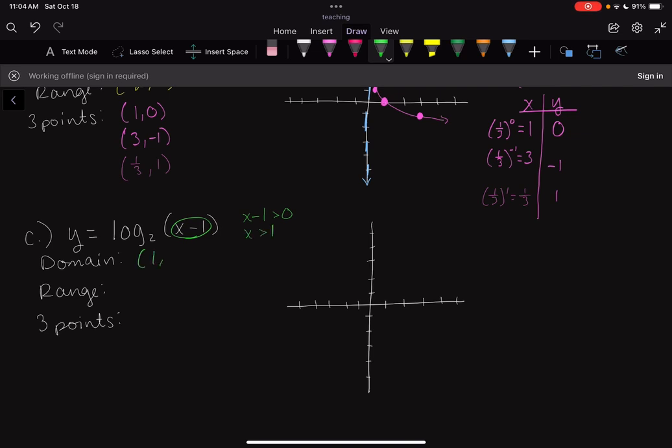So my domain is 1 to infinity. You'll notice that I don't put a bracket. It's because it can't actually equal that. So my vertical asymptote has shifted. It has shifted over to 1. Because that's the point that I won't be able to go past when I draw my graph.